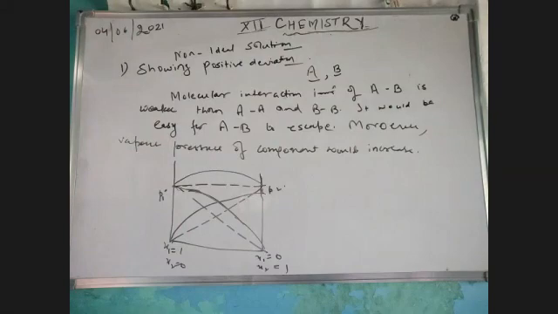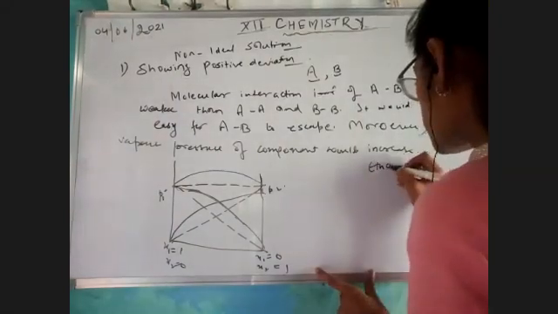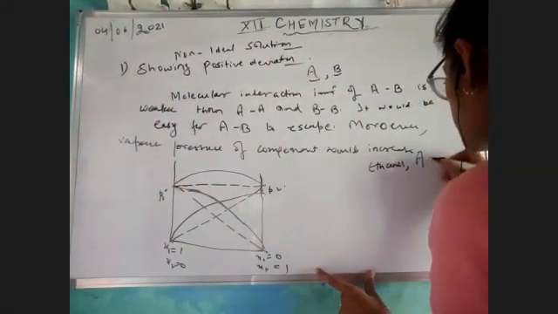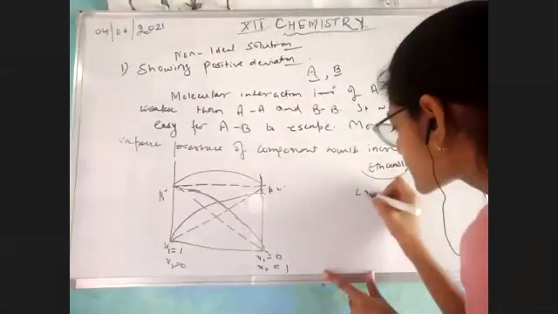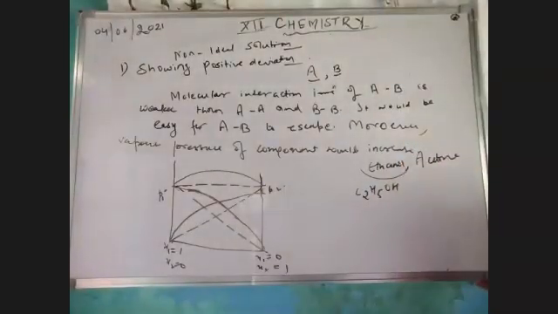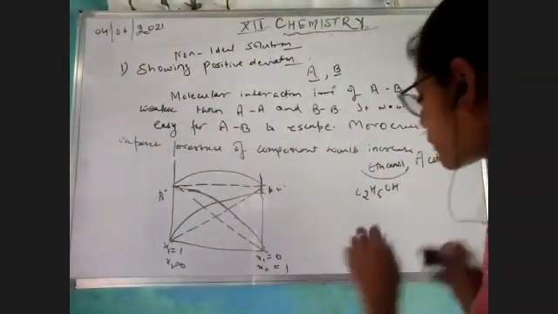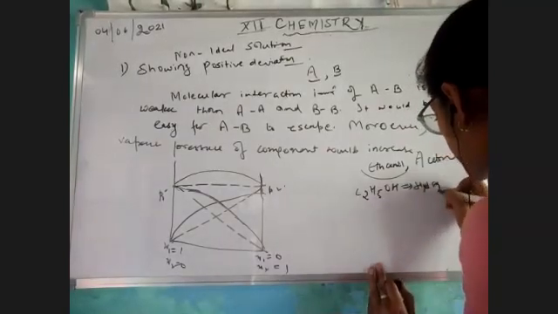Clear? Let's take a simple example that would clarify your concept also. We have the example of ethanol and acetone. Now let's see, in this compound the ethanol is C2H5OH. And we know very well that most organic compounds contain hydrogen bonding. Clear?